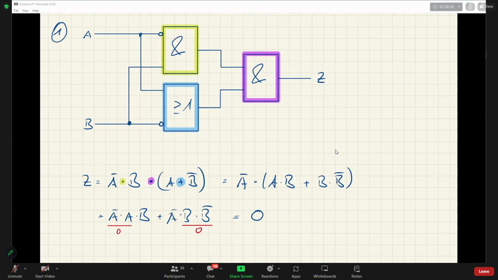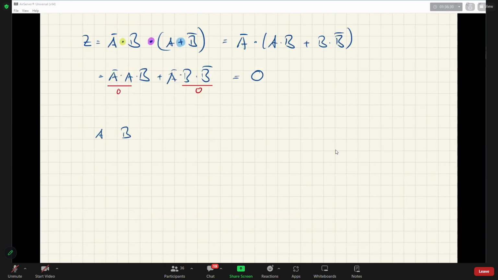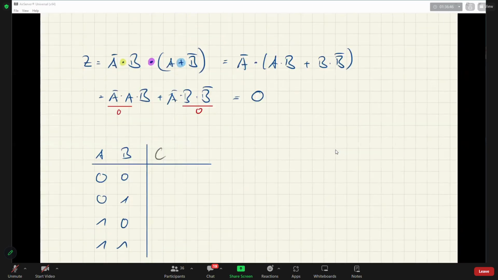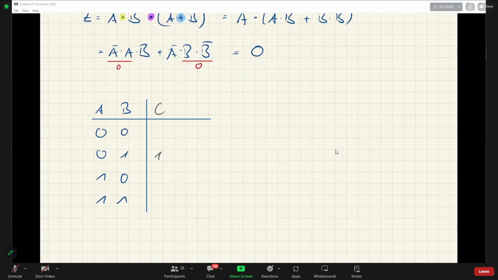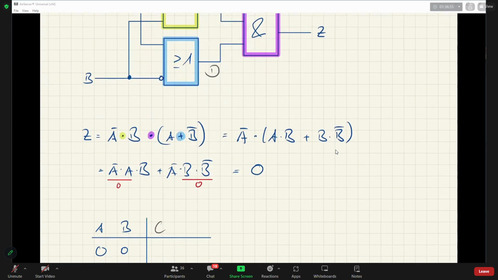So if you want to prove that with a truth table, you can add two signals here, C and D, and then write the possible combinations for A and B: 0, 0, 0, 1, 1, 0, 1, 1. C is A not B. D is A or B not.